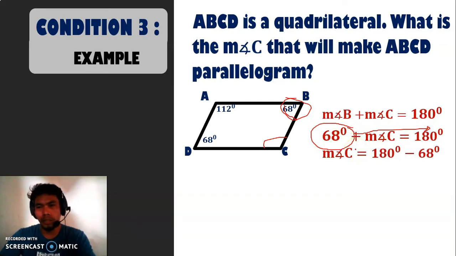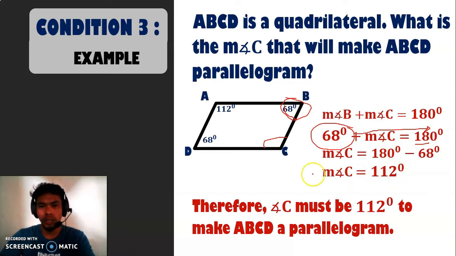So it will become the measure of angle C equals, copy this one, 180 degrees. This 68 degrees here, as you are going to transfer this one to the right side, it will become negative 68 degrees. Then, the measure of angle C is equal to 112 degrees. Therefore, angle C must be 112 degrees to make ABCD a parallelogram.